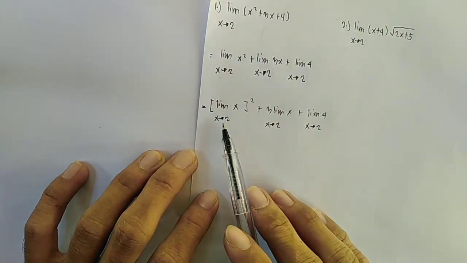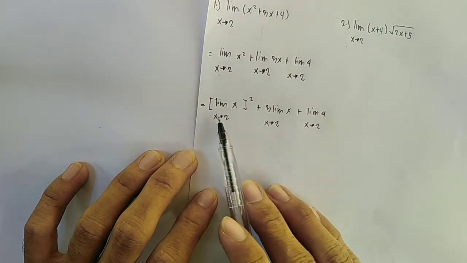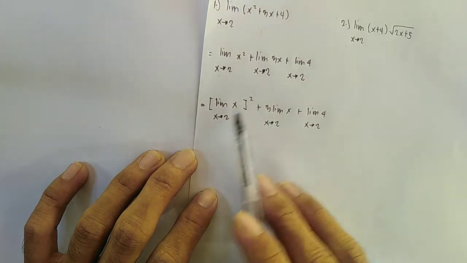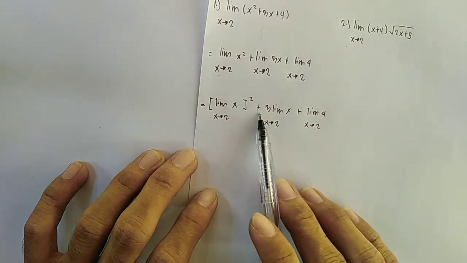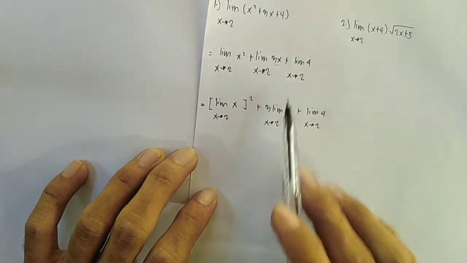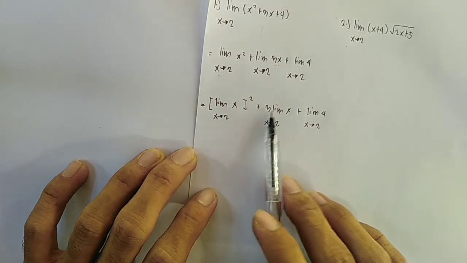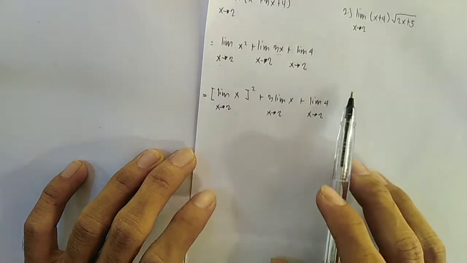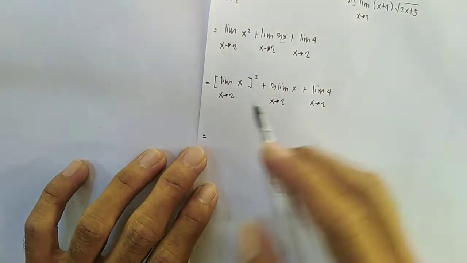We just follow the theorem on the limit of a function, that the limit of a function raised to a power should be written in this form, and the limit of a constant times a function can be rewritten as the constant times the limit of the function. So we have here now the simplest form of the limit.